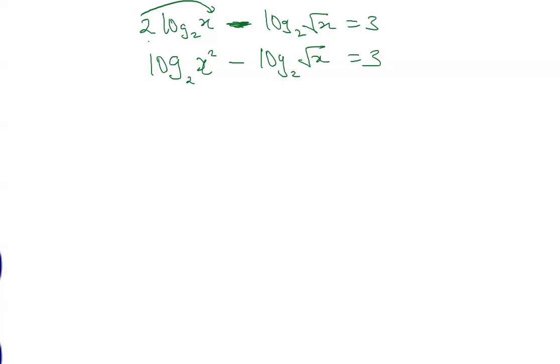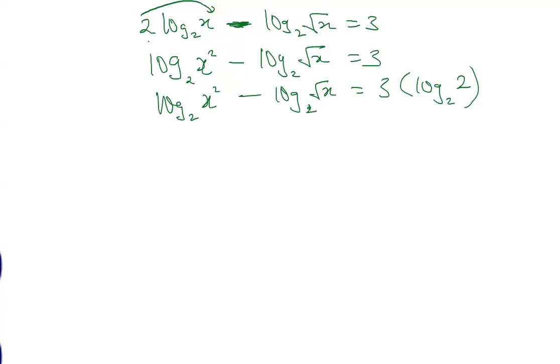So now, since it's like that, you want to make everything log base 2. So it's going to be log 2 x squared minus log 2 root x equals 3 log 2 2, because that one is going to turn to 1.